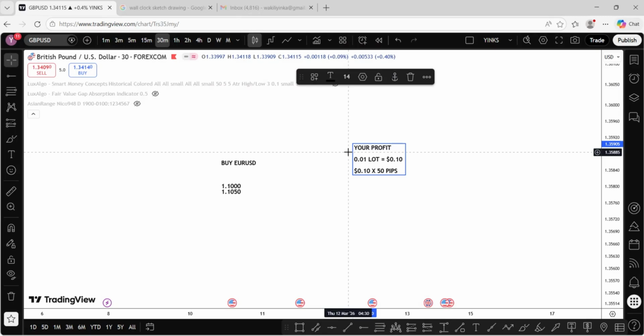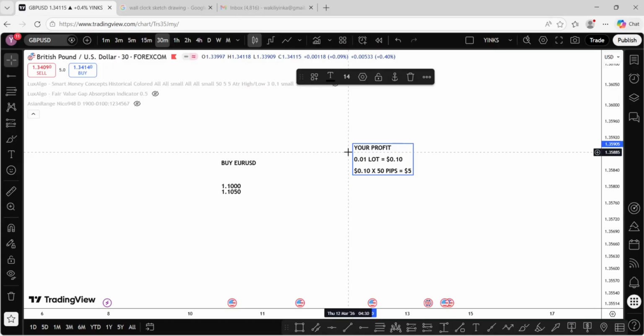Punch the calculator and then let me know. Good. All right, I believe you must have done that. So what is the answer? $5. Price moves 50 pips in your favor, you make $5 on 0.01 lot size.